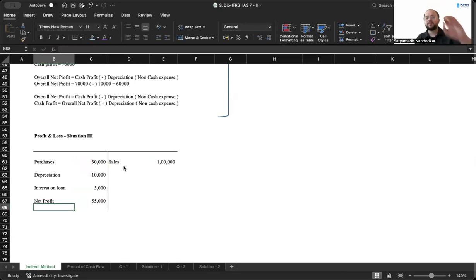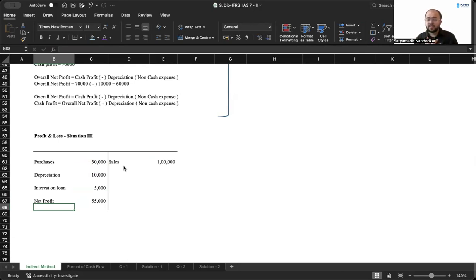That is 55,000. To arrive at the figure of net profit, I subtracted depreciation, which is a non-cash expense, and I also subtracted interest on loan. This interest on loan is a non-operating expense, correct? What are operating expenses? Expenses that you incur for running your day-to-day business.